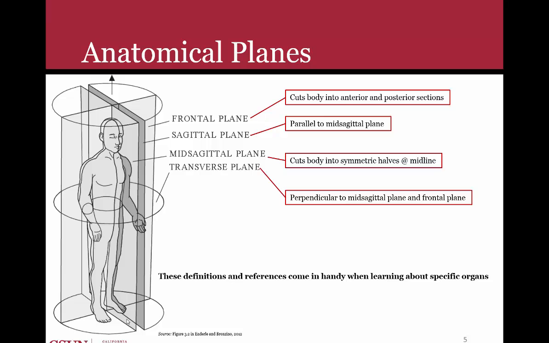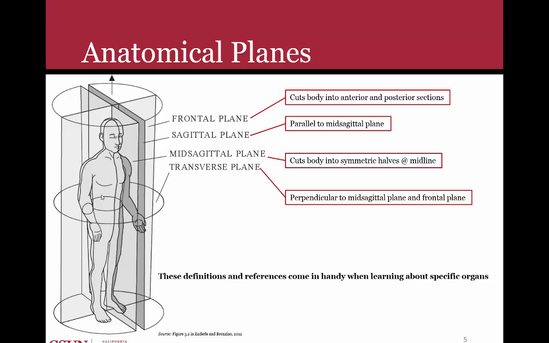Okay, so I've been mentioning this word slice, and you're probably wondering, what do you mean by slice? Basically, using the definitions from before, we can define an infinite number of planes that you can view the patient from. The first one we'll label is the frontal plane.